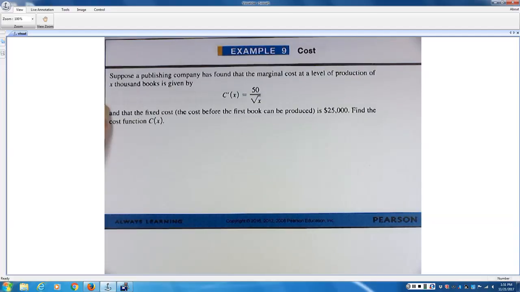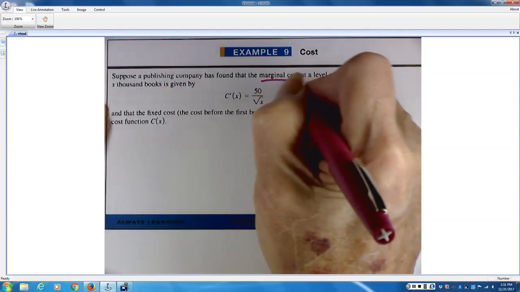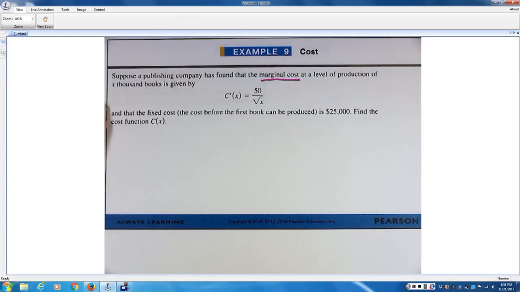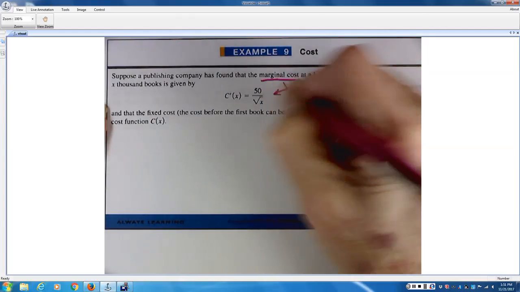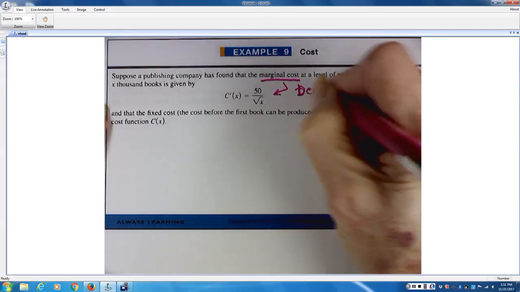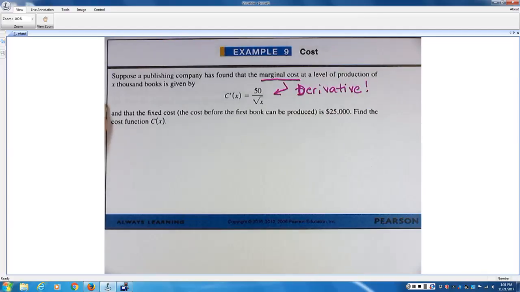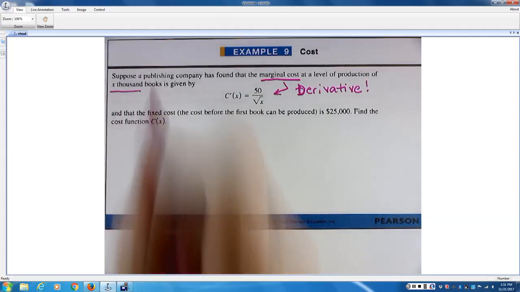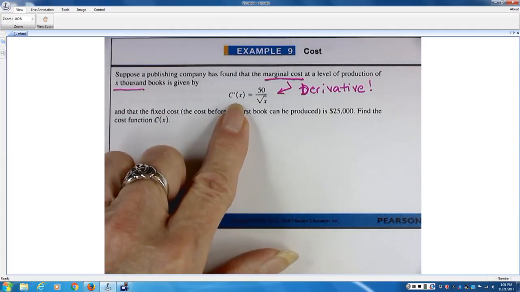Suppose a publishing company's found that the marginal cost, what does that word marginal tell you? That means that this is a derivative, at a level of production of x thousand books is given by C prime of x is equal to 50 over the square root of x.